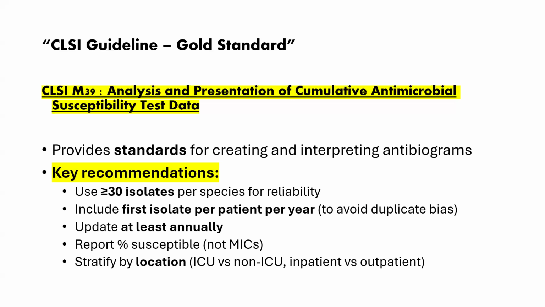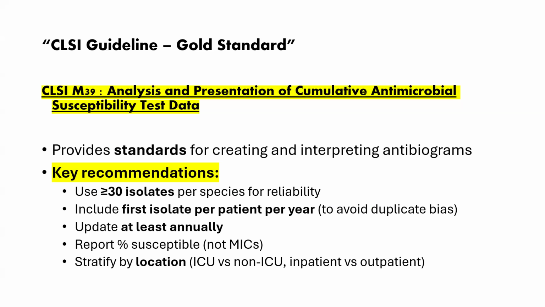The key recommendations: first, to ensure reliability, you should use only the isolates that appear at least 30 times per species. So if you have Proteus or Shigella or any isolate that appears less than 30 times, you should neglect it. You should not provide it in the final antibiogram.